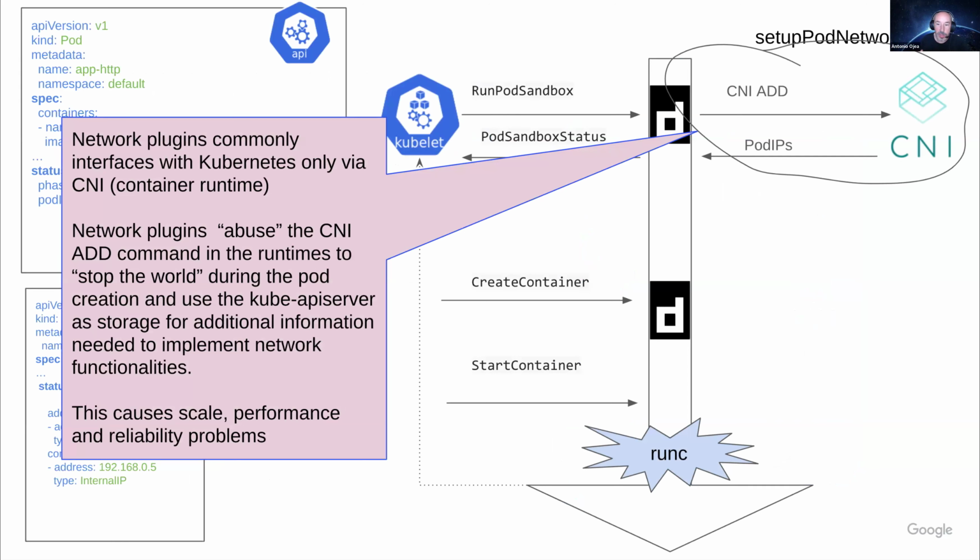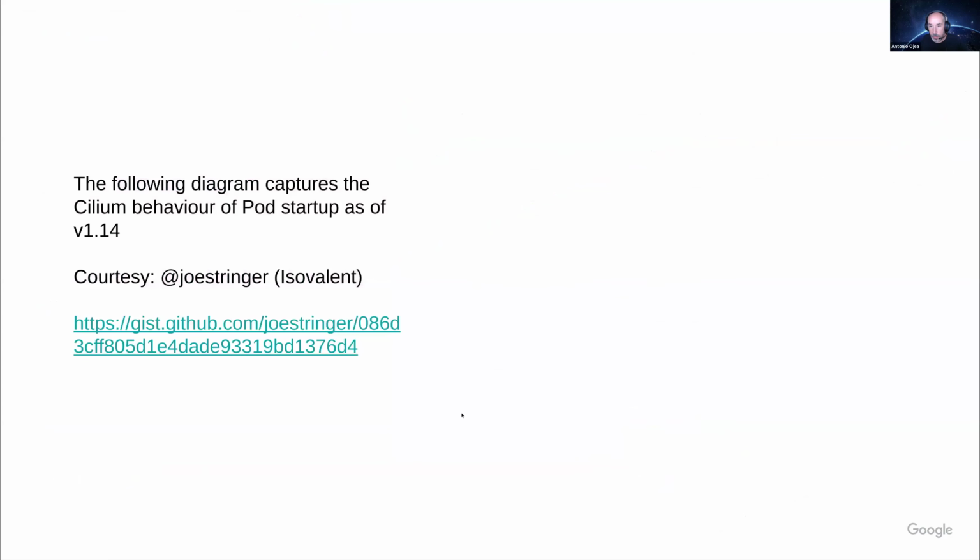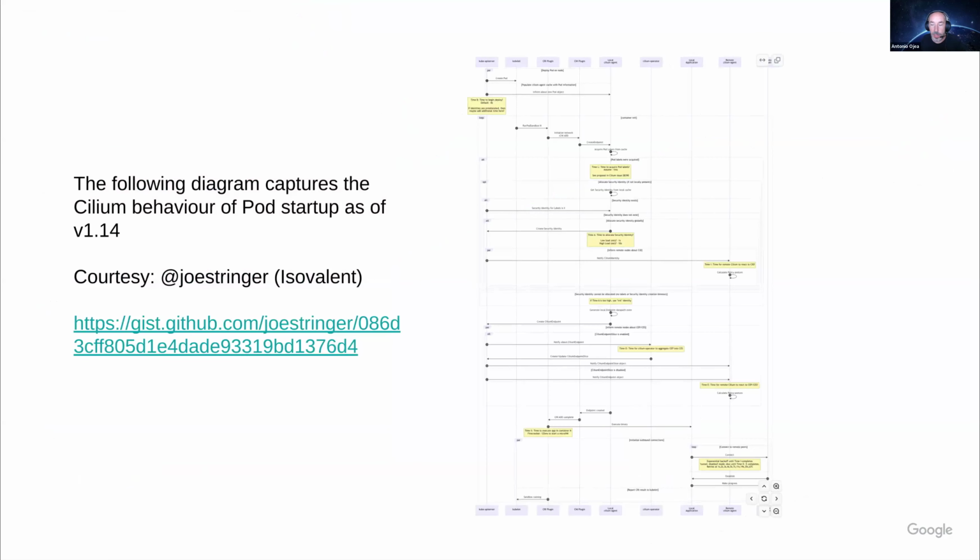So this causes scale problems, performance problems, and reliability problems. One example is this: this is what happens when the Cilium agent receives a CNI call. See all the list of operations. In theory, when CNI was created, it was to receive an add request, add an IP and an interface, and return. And nowadays, it's doing a lot of stuff.